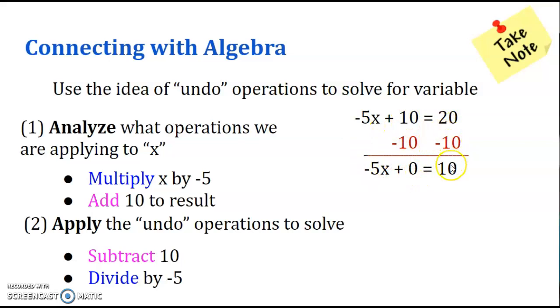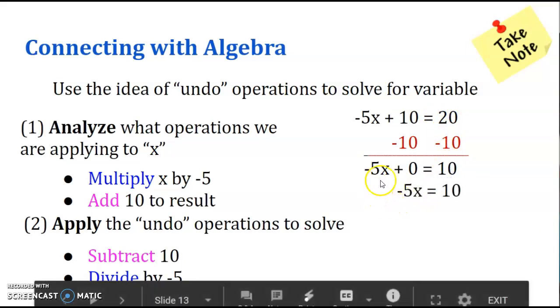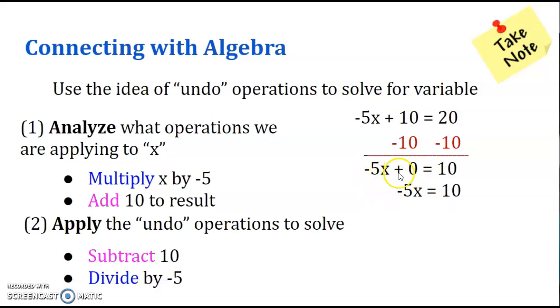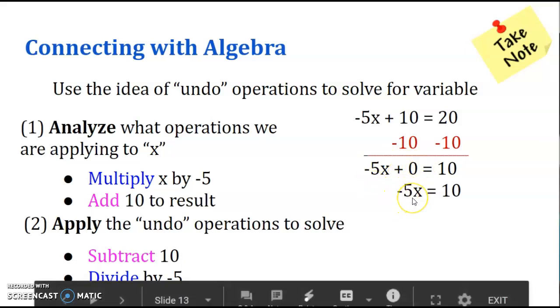And on the right side of the equal sign is 20 minus 10, which is just 10. Okay? And you know that anything plus 0 is just anything, right? So this plus 0, we can just get rid of it because it's not doing anything. So we can just rewrite this as negative 5x is equal to 10.